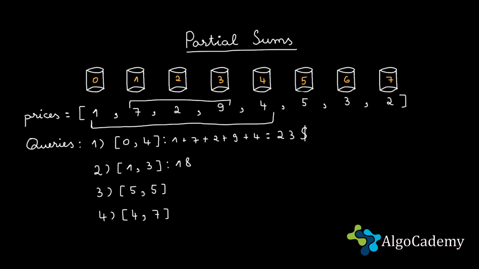The next one is 5, 5. So only this server, which has cost 5. So the answer to this query is 5. And the last query, which is 4, 7, basically the last 4 servers, right? So 4 plus 5, 9 plus 3, 12 plus other 2, 14. All right. So this is basically what we'll have to output, right?